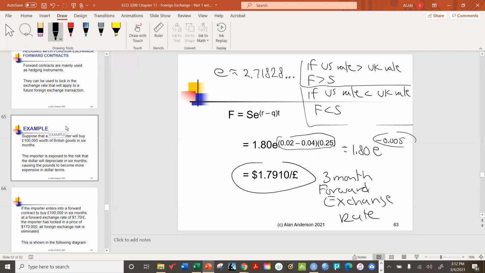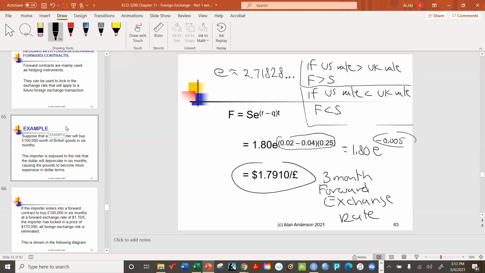The forward exchange rate really tells us what exchange rate would equalize the returns to investing in both countries. I mean, that's really what it is. But anyway, so this is how these forward exchange rates are determined in the market. There's a very, very specific, as you can see, mathematical relationship that has to hold between the two.